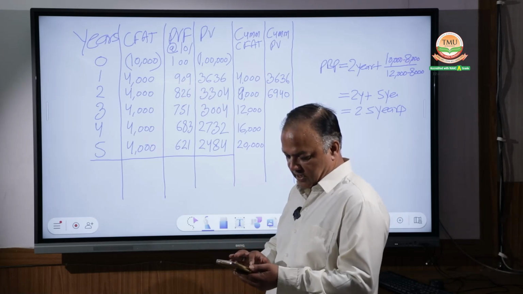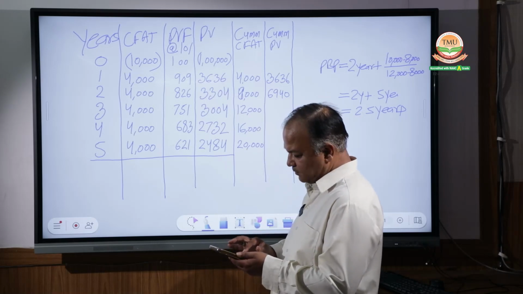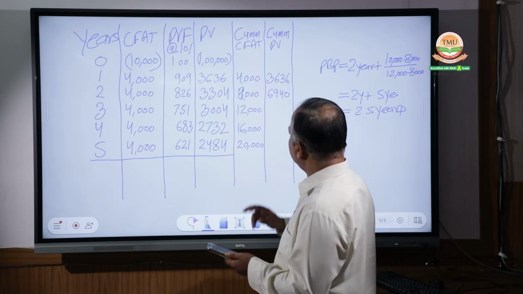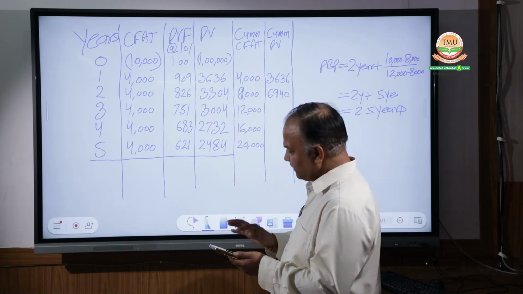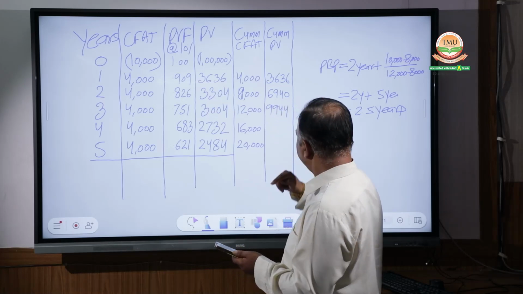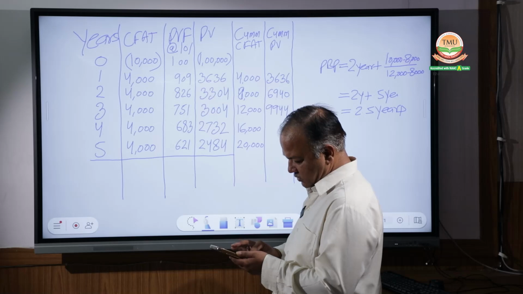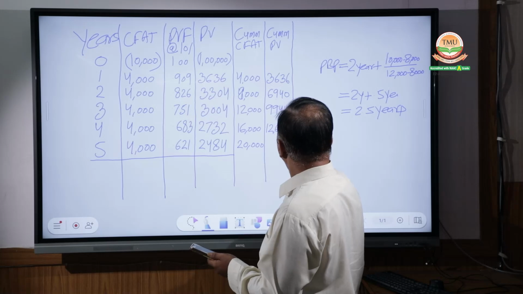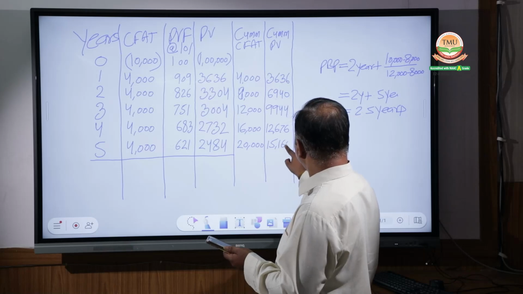I am taking the help of calculator. 3636 plus 3304, 6940 plus 3004, 9944 plus 2732, 12676, 12676 plus 2484, 15160.